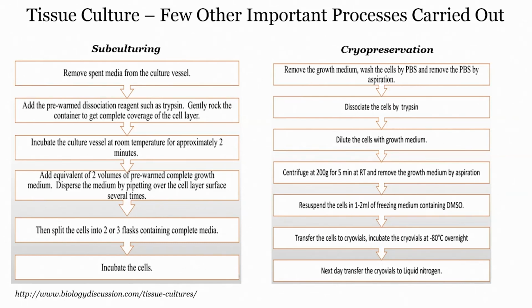The next step would be resuspending the cells in 1 to 2 ml of freezing medium containing DMSO, and then transferring the cell to cryo vials, incubate the cryo vials at -80 degrees overnight, followed by transferring the cryo vials to liquid nitrogen, right. So, this is how the cryopreservation works, right. So, if you want to do subculturing, you have to follow a particular process. If you want to do cryopreservation, you have to perform another process, right.